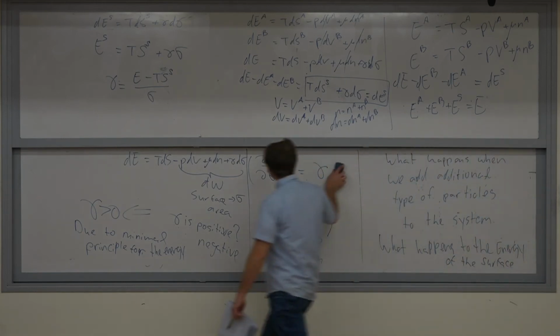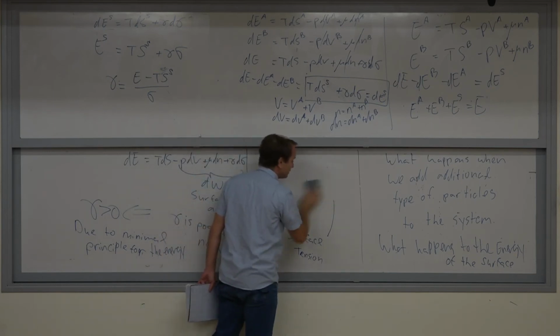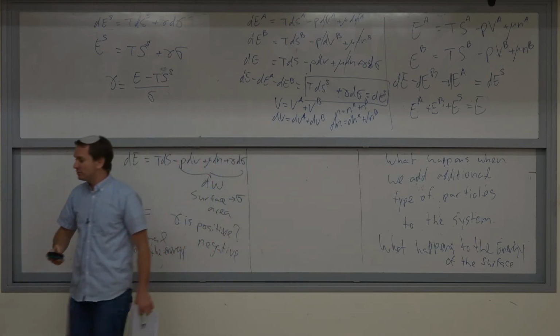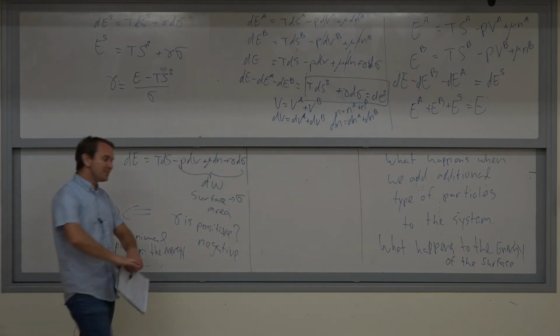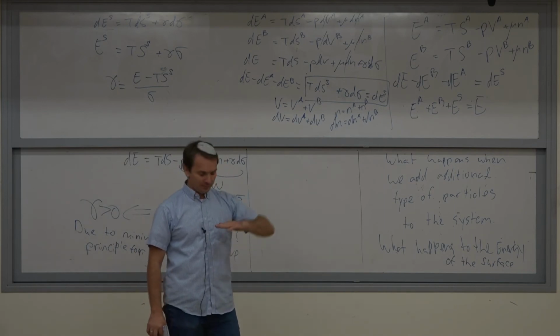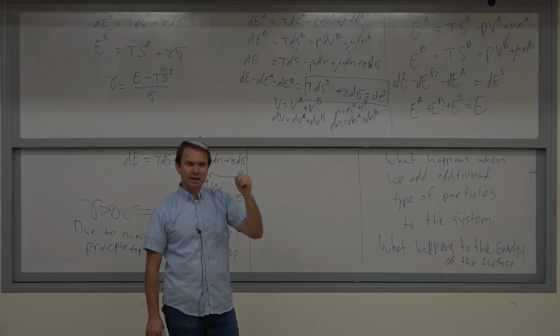But when we add additional particles, some of them can sit exactly on the surface, right? Although the surface is two-dimensional, if we're talking about 3D. It has no volume. It doesn't matter if I add additional particles. It has no volume.